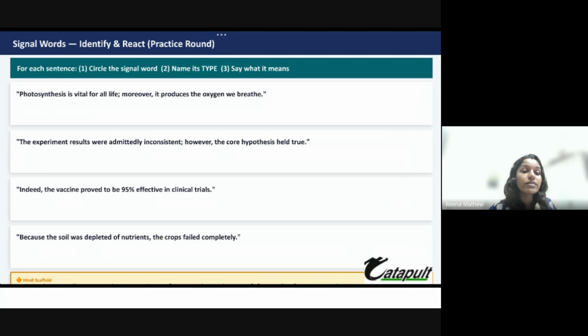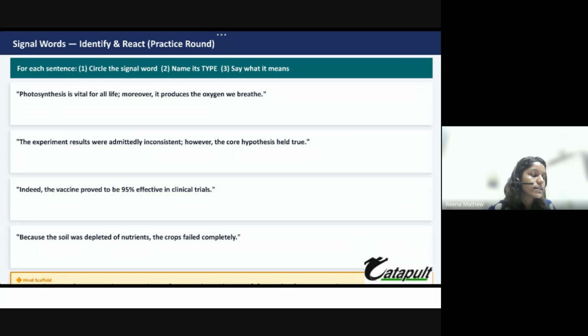Any word that we learned before? Moreover, very good. So when do we use moreover? When you are adding an idea, when you are adding more ideas.